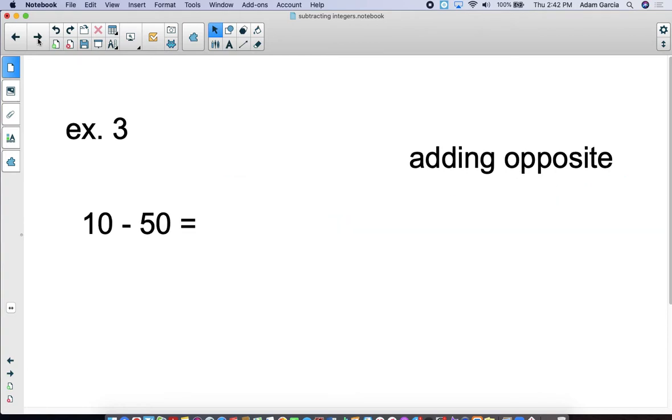Alright. Try this one on your own. Raise your hand when you get an answer. What is 10 minus 50? Got an answer? Raise your hand.